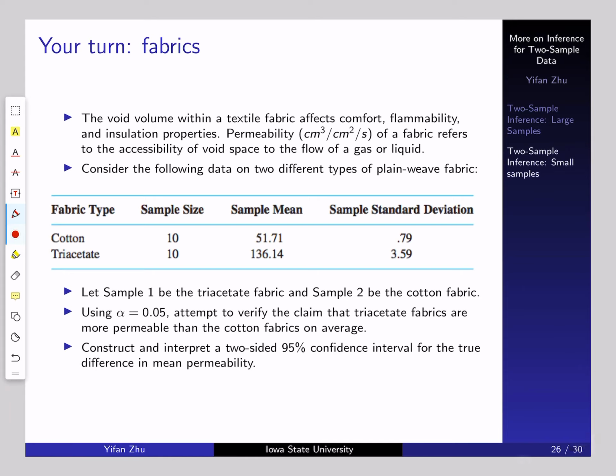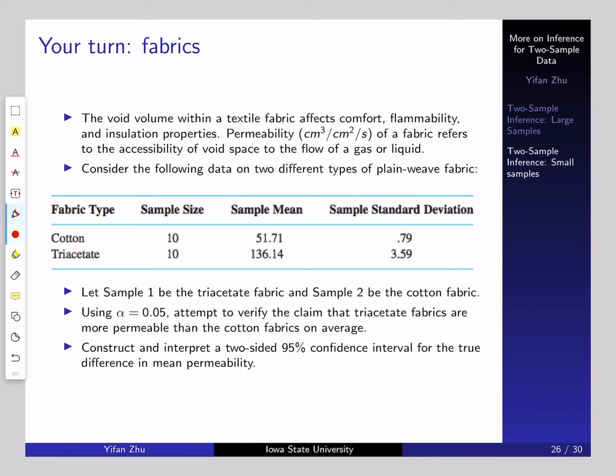Okay, this is another example where we obviously have different variances. This one is comparing the void volume of two kinds of fabrics.